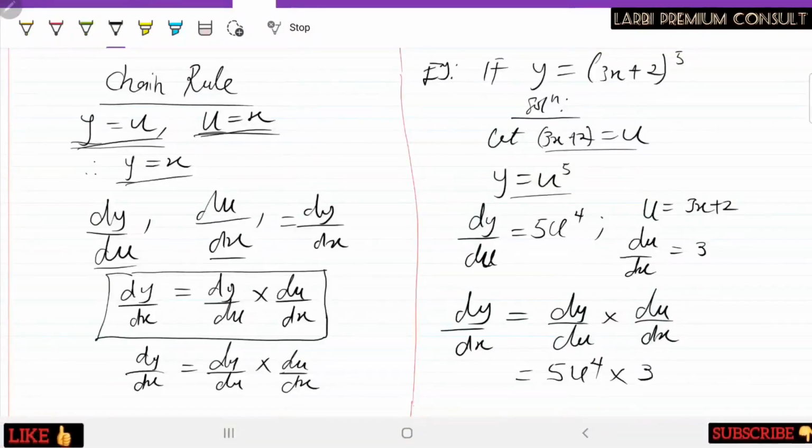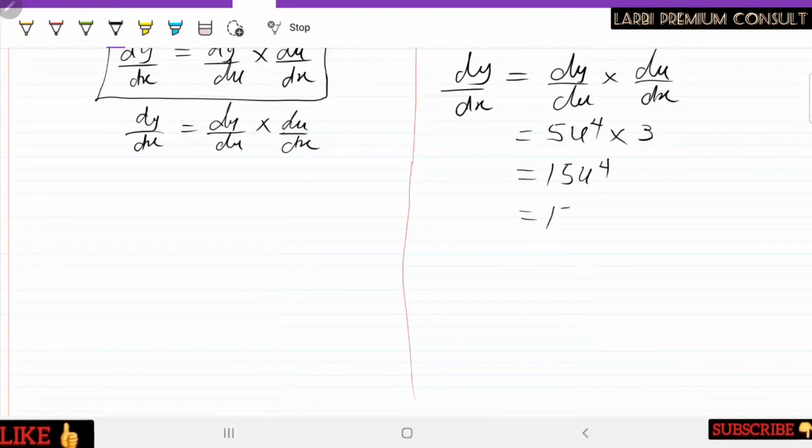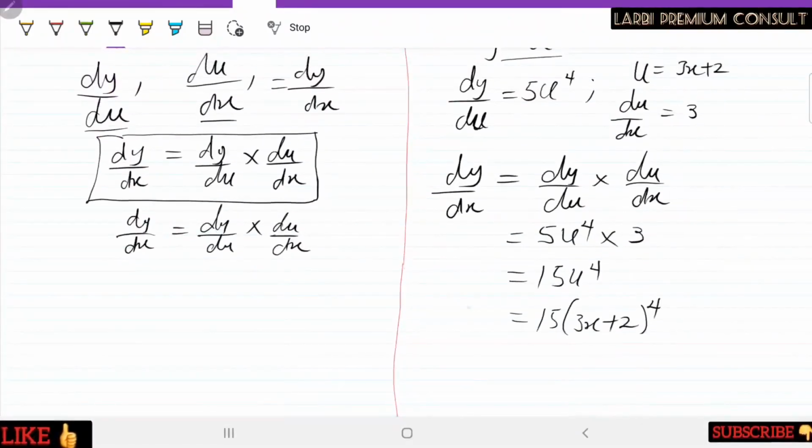So it's going to be 15u to the power of 4. But I know u to be 3x plus 2, so to the power of 4, and that is going to be my differential. Therefore dy over dx is equal to 15 into bracket 3x plus 2, all to the power of 4. I believe that is clear.